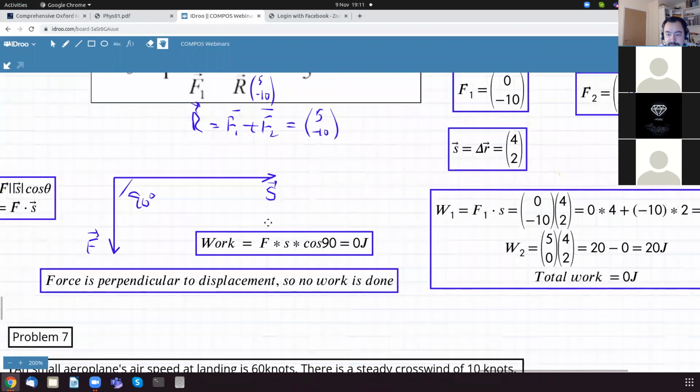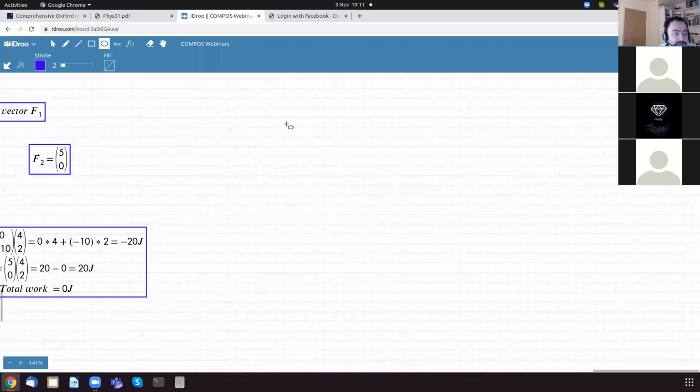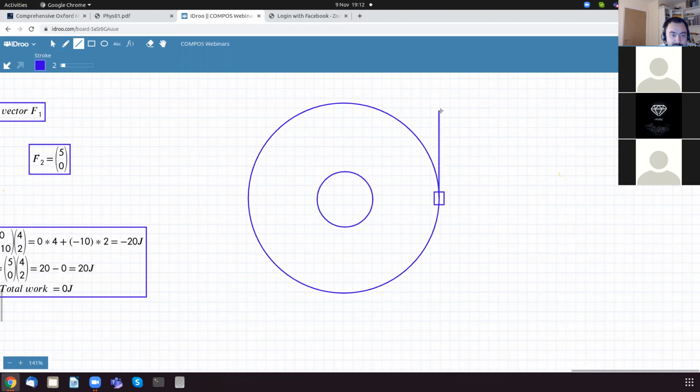A very interesting example is satellites. If you have a satellite orbiting a planet, so let there be a planet, and there is a satellite orbiting it, the velocity of the satellite is like this, and the gravitational force, or the weight of the satellite, is like this.